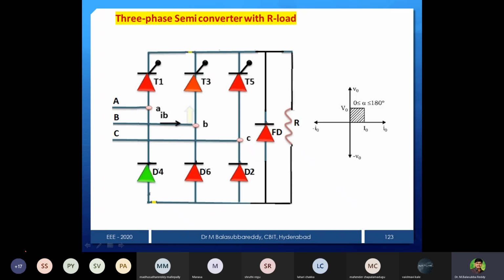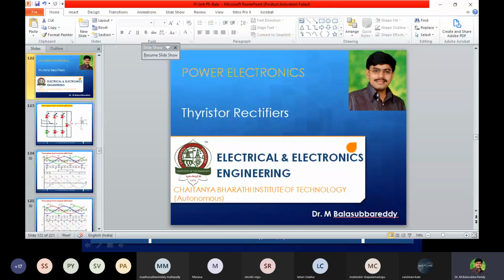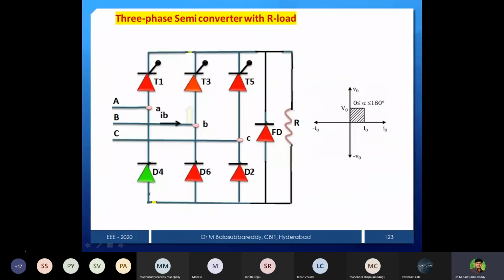We can use the numbering in any other way also, 1 2 3 or diodes D1 D2 D3. But in the sequence I am providing here, 135 is the upper group and 462 is the lower group. There is one reason to provide it like this, though otherwise we can use it normally. If we use 135462, our conduction order will be simple: 1 2, then 2 3, then 3 4, 4 5, 5 6, 6 1 and so on, and the cycle repeats. With the numbering 1 3 5 and 4 6 2, it is easy to remember which device conducts after 1 2: 1 2, then 2 3, 3 4, 4 5, 5 6, even for the 6 pulse converters.